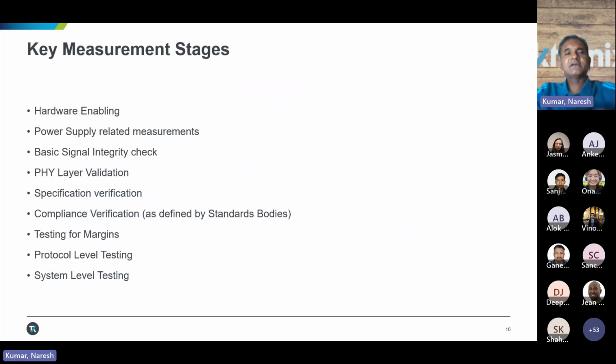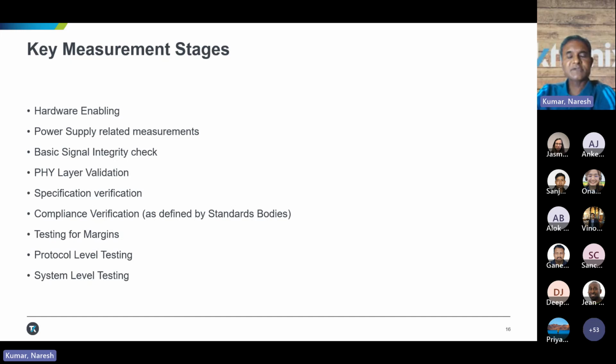So now I move away from the standards and try and talk about what are the important needs in your design phase. Assume this is post silicon, that is after your design is done and you have got your wafer or your chip or your board ready. So the first thing is about enabling the hardware, which basically will be for power supply related enabling as well as measurements.